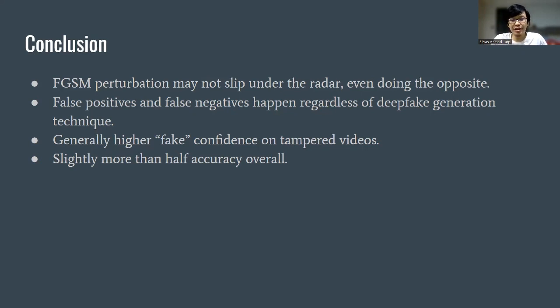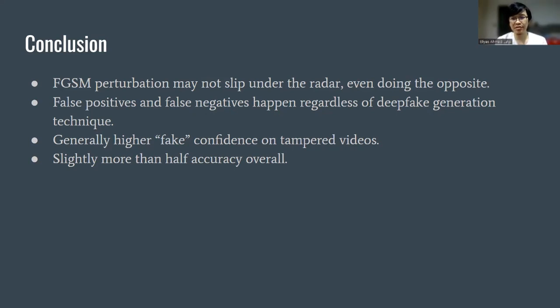CViT also seems to create generally higher fake confidence on videos that are actually tampered compared to videos that are real, mostly. And despite the flaws it has in detecting deepfakes, we still get slightly more than half accuracy overall for real and fake videos.